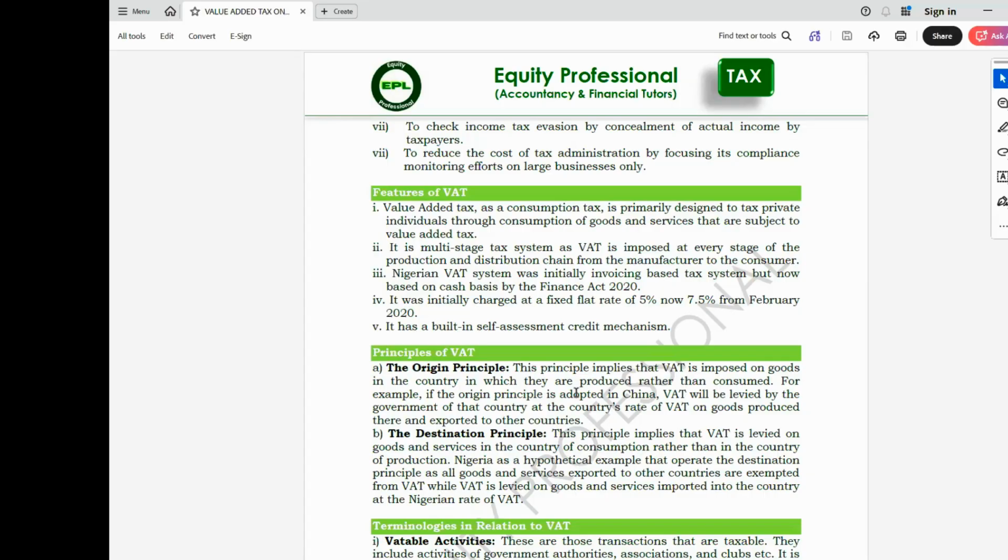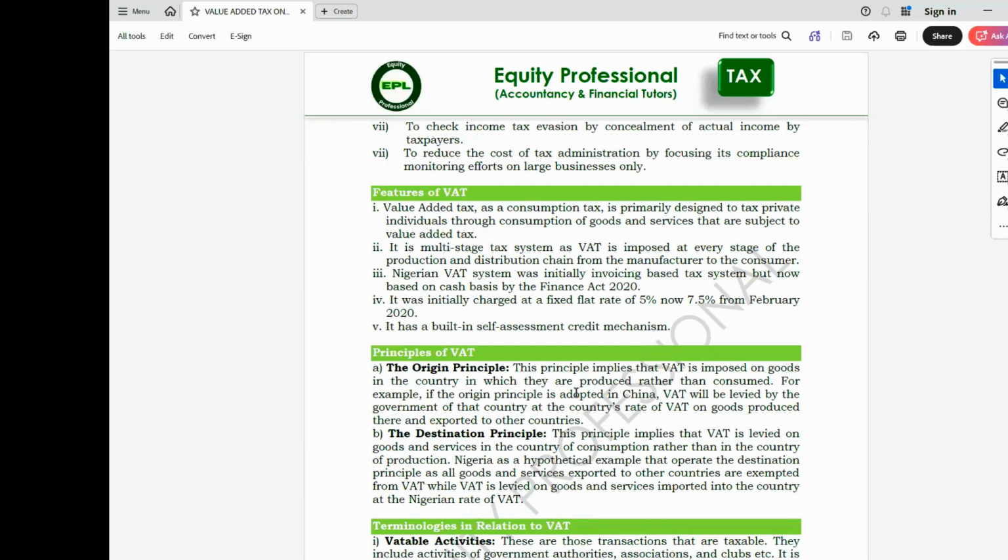So Nigeria adopts this principle. Some of the items that are produced in Nigeria, not all of them, are chargeable to value-added tax, because we adopt a destination principle.